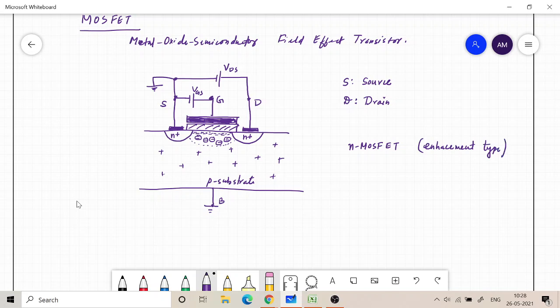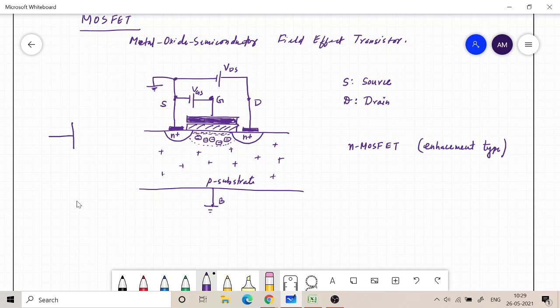Okay, so let's stick to this enhancement type, and the complete symbol of this is basically, so there are four terminals. So if you want to show all the four terminals, then the symbol will look like this.